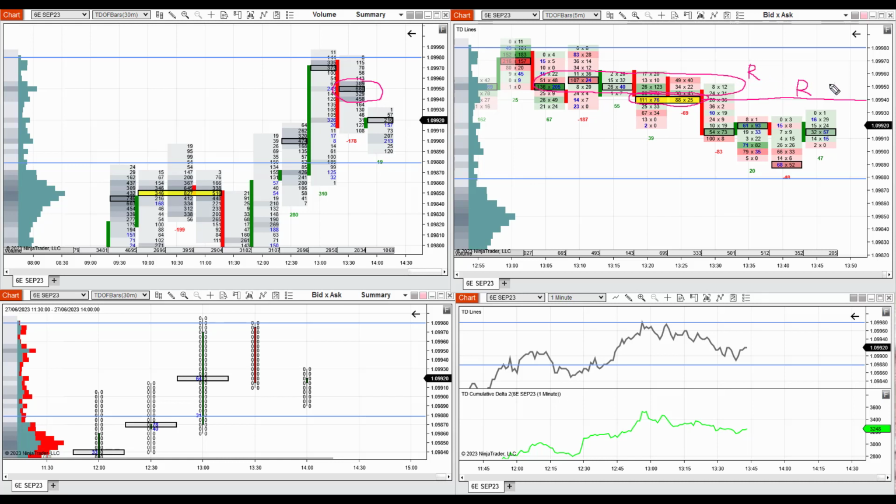So those are two places where I'll be watching the price. If it comes there, shouldn't really go past them. If it does, it would be a sign of buyers. If the price moved above those, started rotating there, that would be a sign of buyers. I don't want to see that.